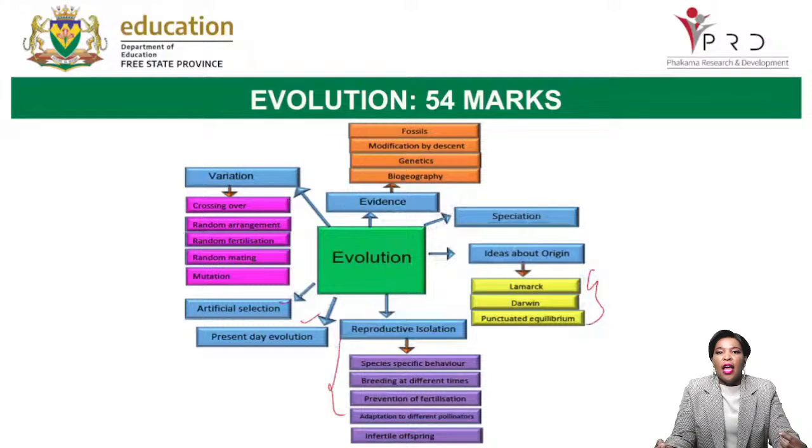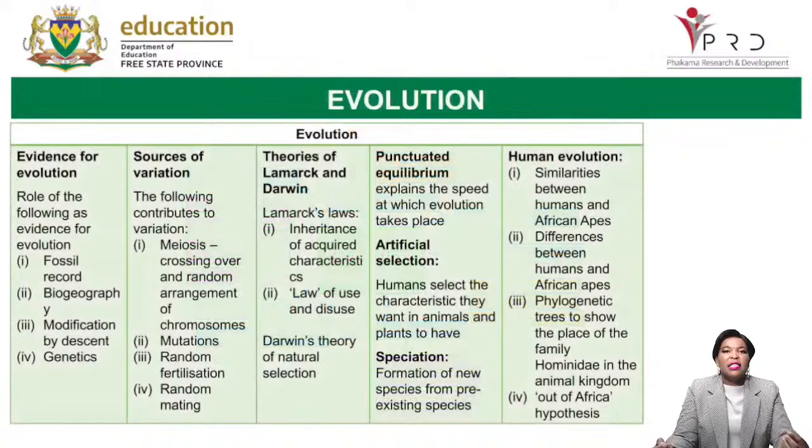So let us take a look at how we are going to unpack it, and you will take a look at where you are going to get marks. Remember, this is a revision. You've done this topic throughout the year. You've done it with me. You've done it with your teacher. But we just want to now emphasize where to collect those marks.